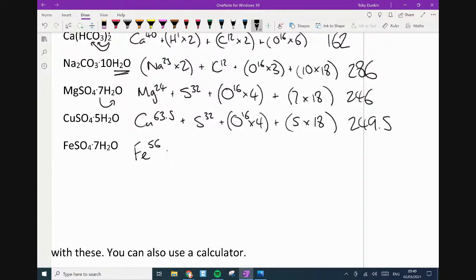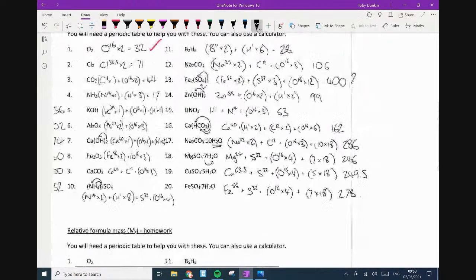So iron is 56 plus sulfur at 32 plus brackets oxygen at 16 times 4 plus brackets 7 times 18. I do the first part in one go, and then I do the little add on my 7 times 18 trick. It's only because I don't know my calculator very well. 278, and I'm done. That's the end of the homework.